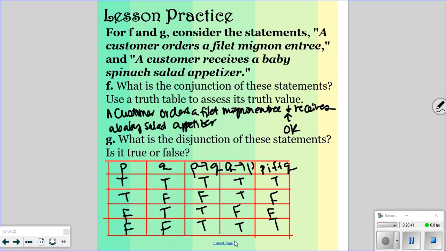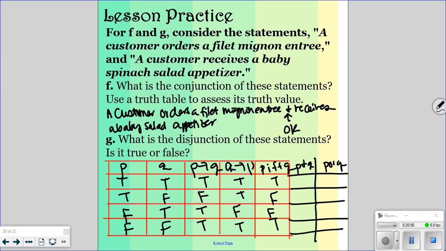So we can do the conjunction P and Q and the disjunction P or Q. This is all we're adding to it. So it's only true when they are both true. So true and then false, false, false.